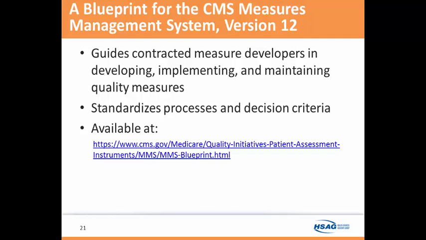By applying the blueprint processes, CMS ensures that it has a coherent, transparent system for measuring the quality of care delivered to its beneficiaries. A majority of the information in this presentation was derived from the blueprint. The blueprint is available to the public on CMS's website.